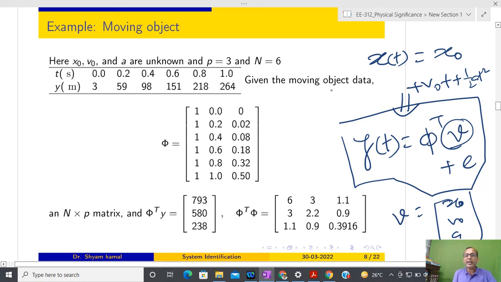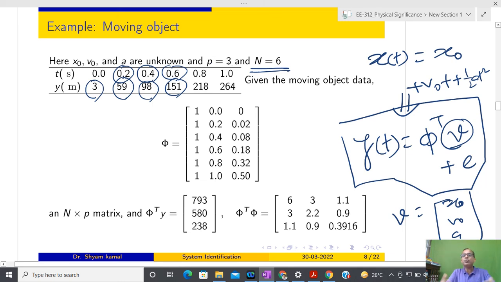So at t equal to 0, I recorded my position x t. After 0.2 second, I recorded my second position. At 0.4, I recorded my third position, and in this way I have created 6 observations. How many unknowns do I have to identify? I have to identify 3 unknowns.